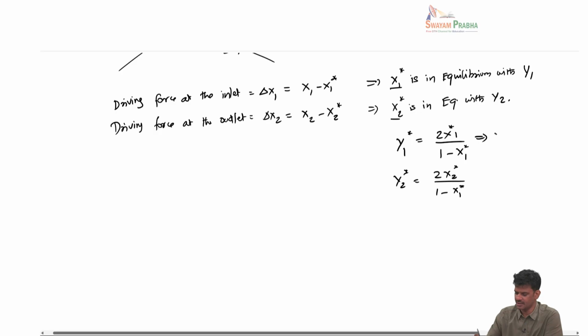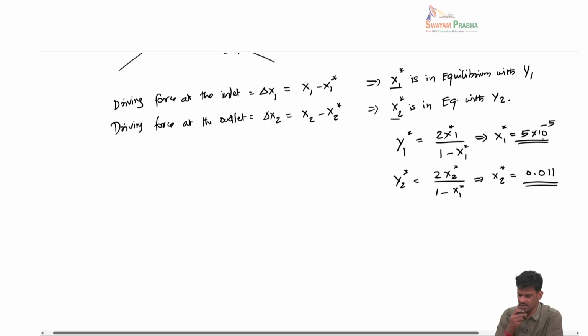So from here you get x1 star equal to 5 into 10 power minus 5, and x2 star comes out to be 0.011.